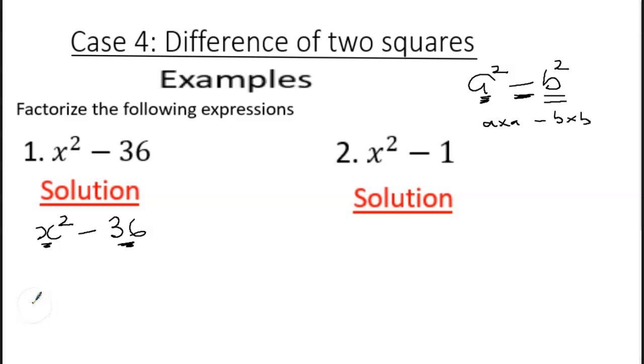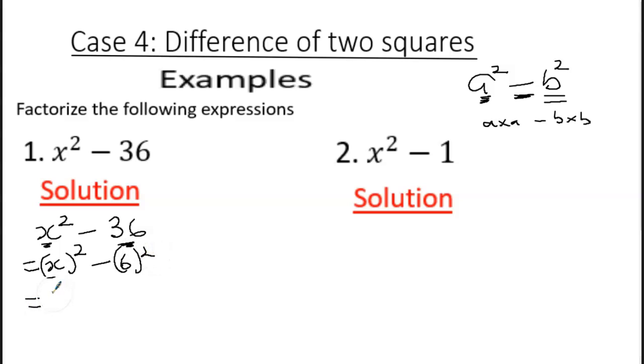If you are able to establish that, then you go ahead and rewrite it as x squared, which can be written as x all squared, and then 36 is a perfect square. We can rewrite it as 6 all squared.